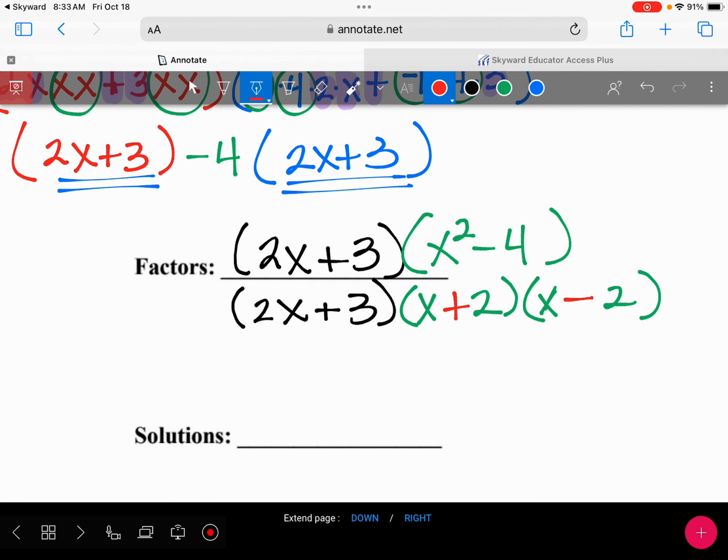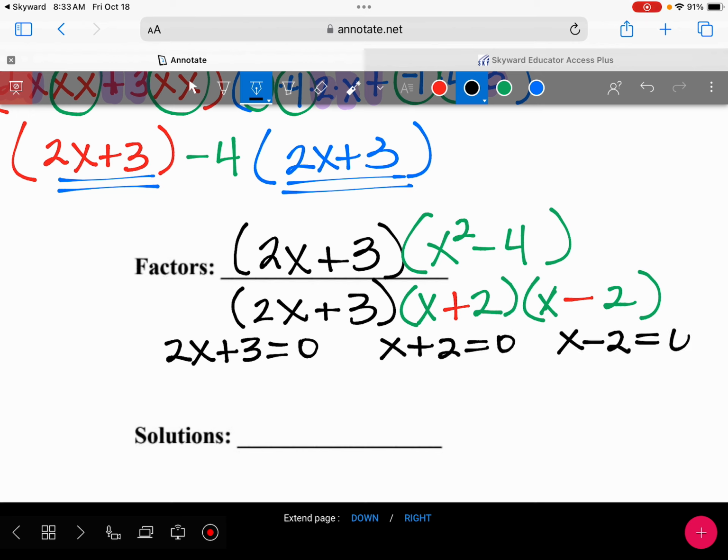So take a moment and solve all 3 of these. Set all 3 of these equal to 0 and get your 3 solutions. The first one is a fraction and the last 2 aren't.